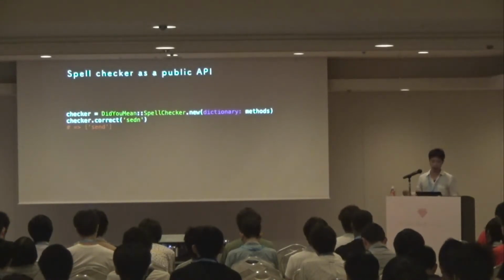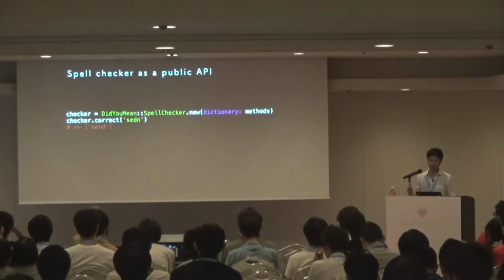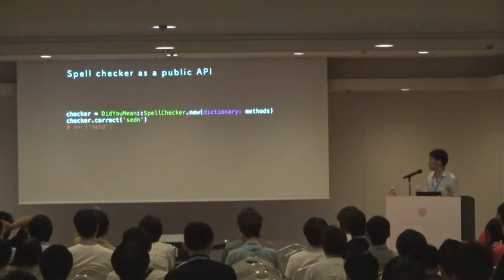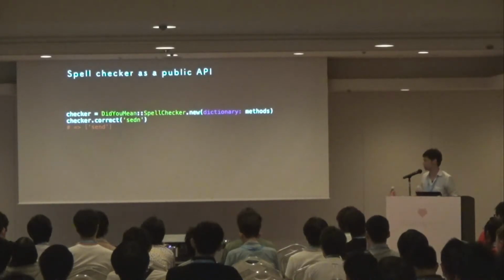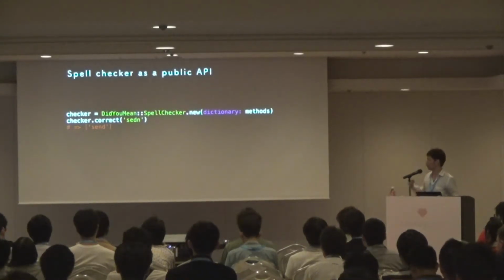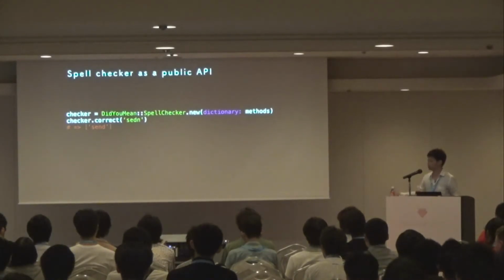Okay, so next one. In the latest version, you can actually use the DidYouMean spell checker as a public interface. What you can do is give it, in this case, methods as a dictionary to the spell checker, and then you can say, I want to correct this string, which is send, which is a typo of send, and it's going to give you send, which is great.